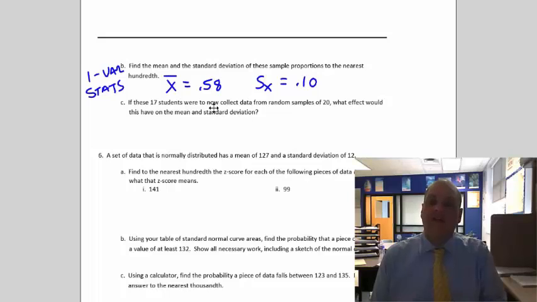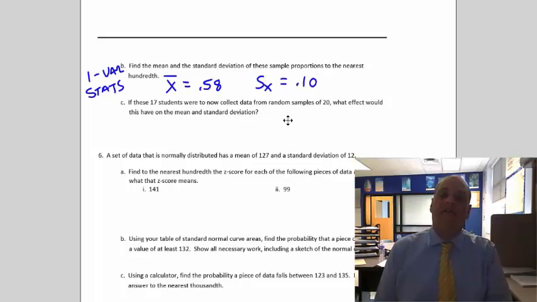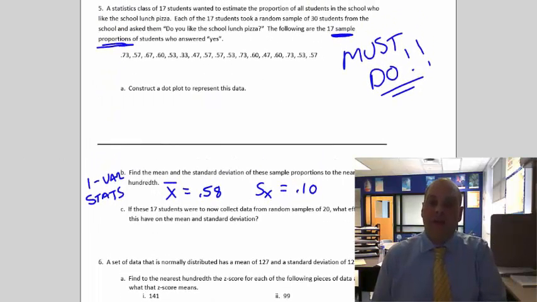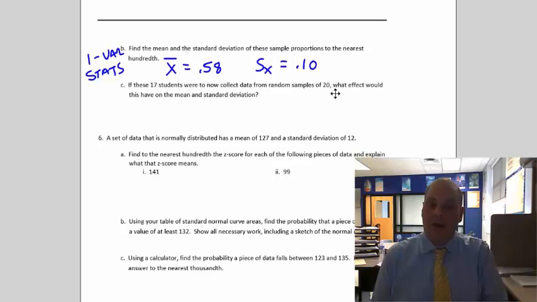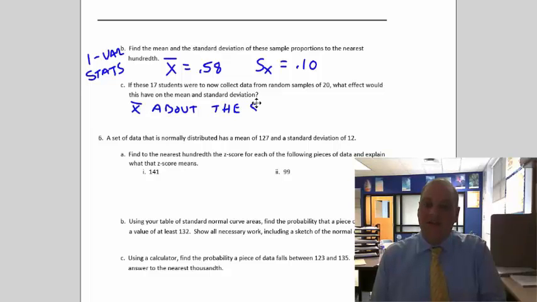If these 17 students were to now collect data from random samples of 20, what effect would this have on the mean and standard deviation? Well, it was random samples of 30. Now we're going down to random samples of 20. The X bar is expected to be about the same. The X bar, the mean, doesn't really change too much.